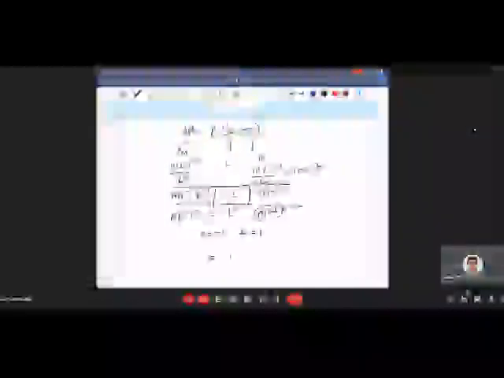And just by analyzing, we find that a should be equal to minus 1 and b should be equal to 1. Therefore, we can write this as M T raised to minus 2 L raised to minus 1.